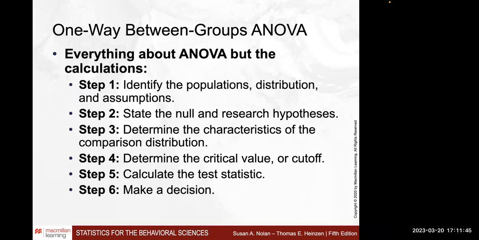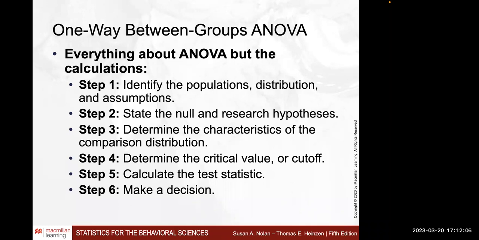Good. The steps are again the same as with all other hypothesis tests. First we identify the populations, identify the distribution, and make our assumptions: normal distribution, random sampling, and homoscedasticity.